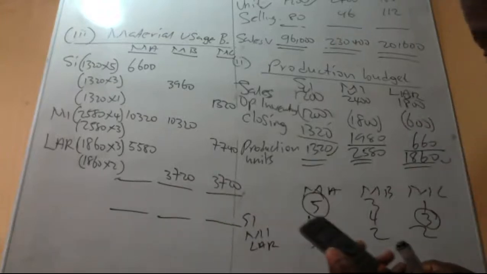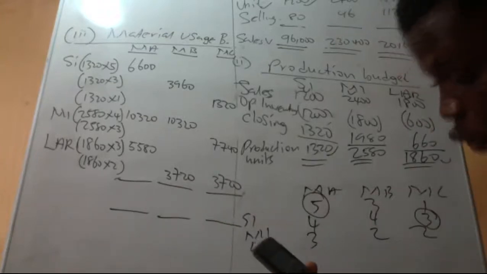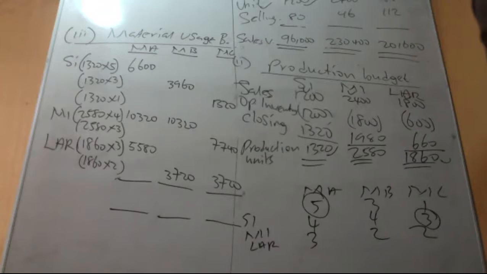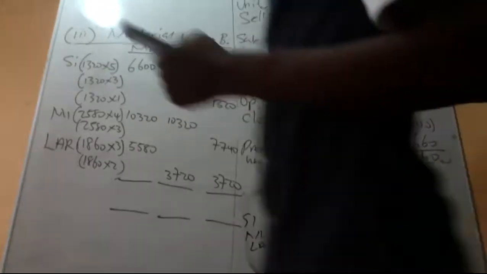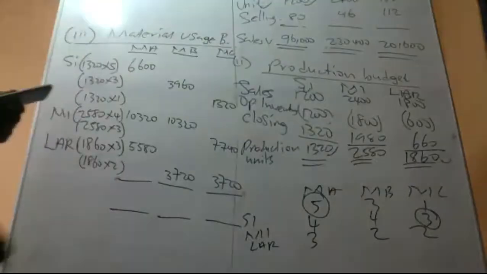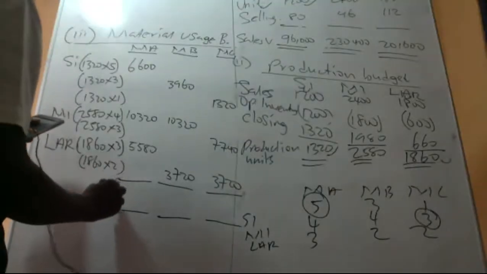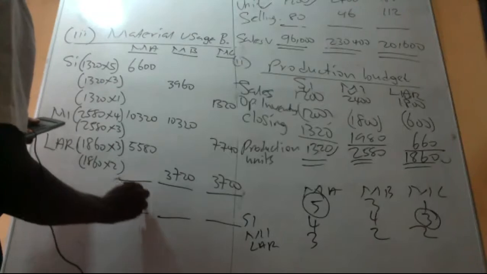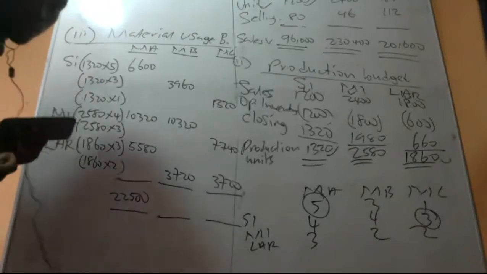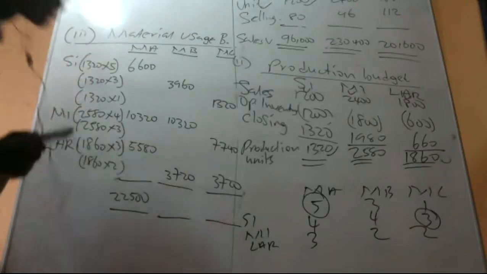Finally it gives us 22,500. Is that what you had? Good. So let's put it here, 22,500. Yes, that's correct.